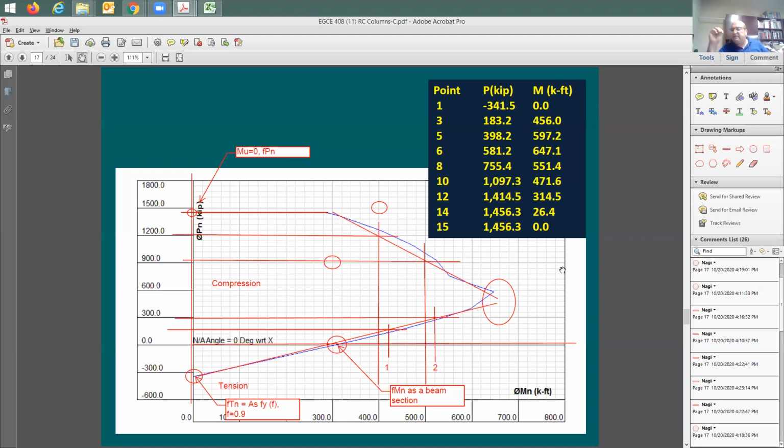Now I need to do the analysis for it. You see the direction I'm going? At the beginning, I have just a beam, no axial load, just moment. On the other hand, I have a column, no moment, only axial load. Now, all of a sudden, I'm going to bring one concrete section. I'm going to say this concrete section is going to be supporting axial load and moment at the same time.